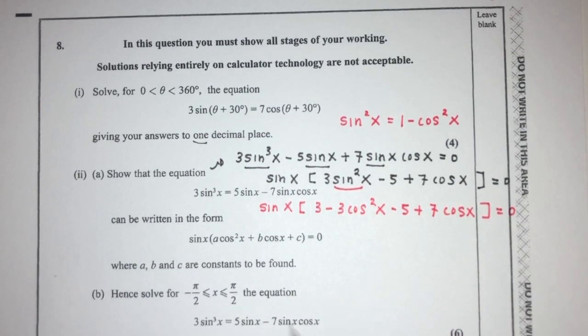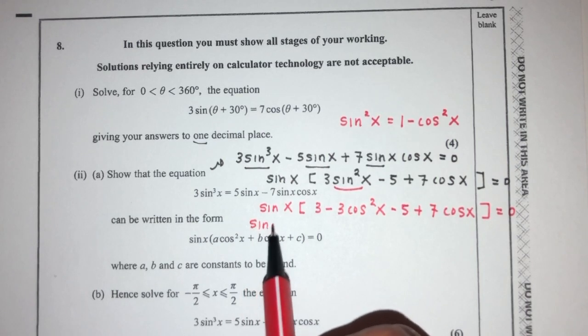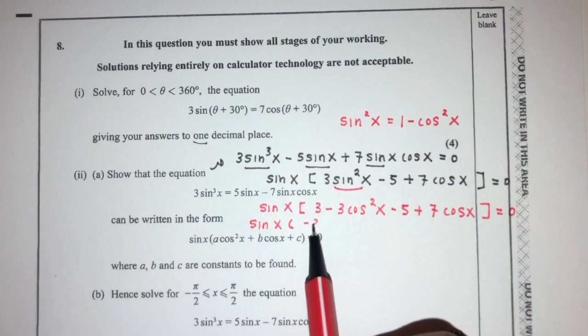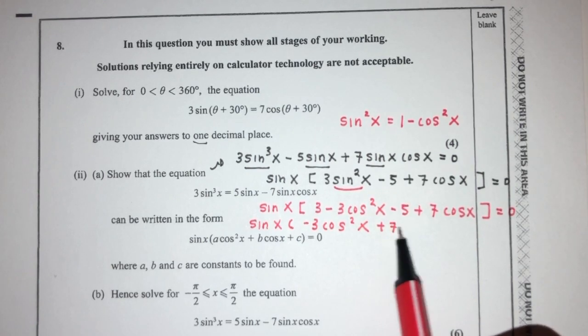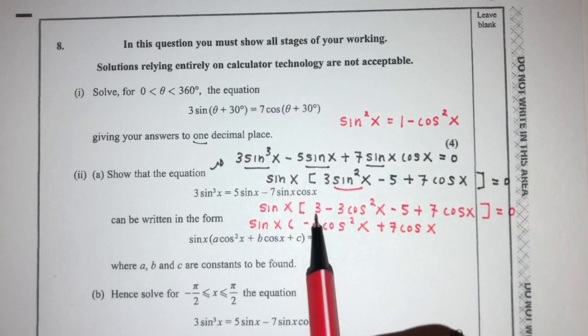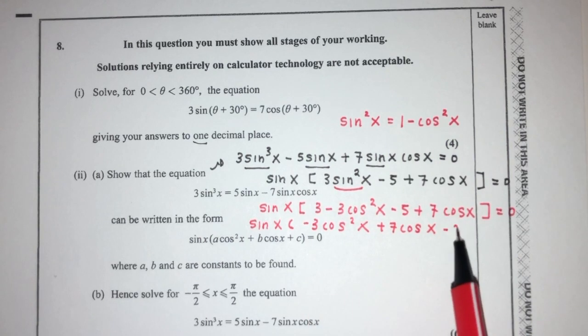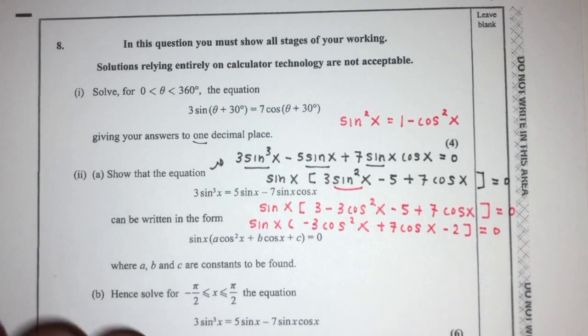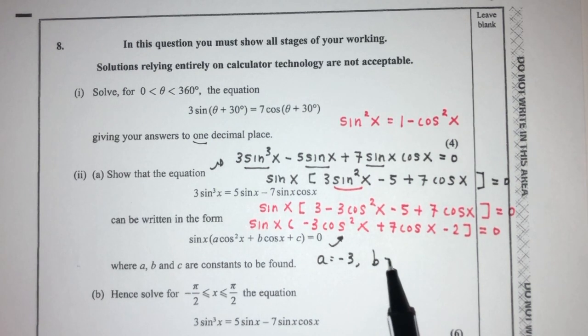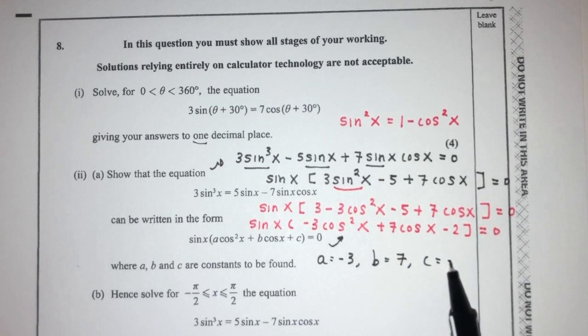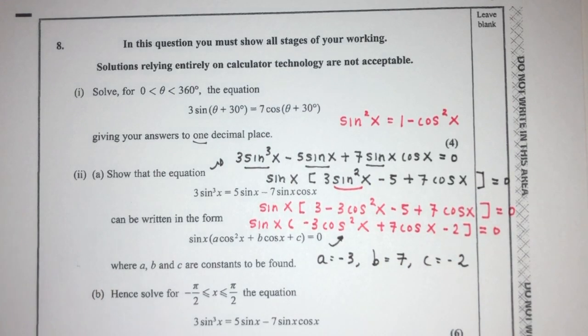Now let's see what happens. You have sine x times (minus 3 cos squared x plus 7 cos x, and then 3 minus 5 will be minus 2) equal to 0. This is shown as required, where the value of a will be minus 3, b will be 7 and c will be minus 2, as you can see.